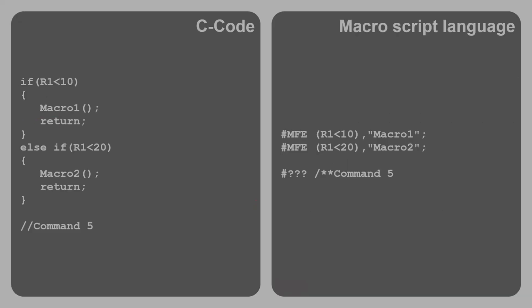The if-else-if statement is very clear and easy to understand. Depending on which condition is fulfilled, a different macro is called, and all following commands within the current macro are ignored. All commands after the mfe statements can also be considered as the else branch.